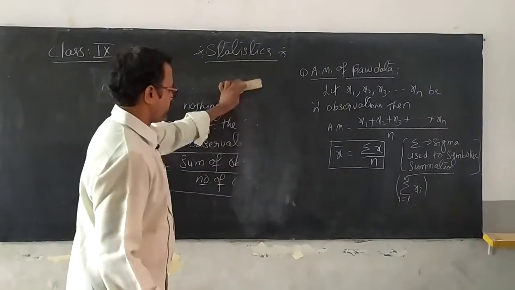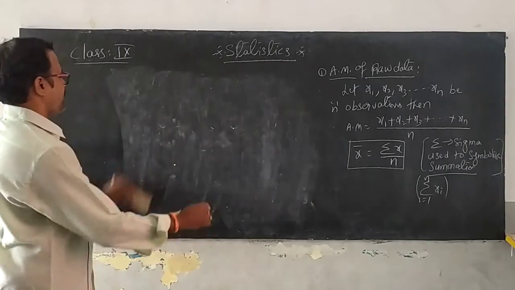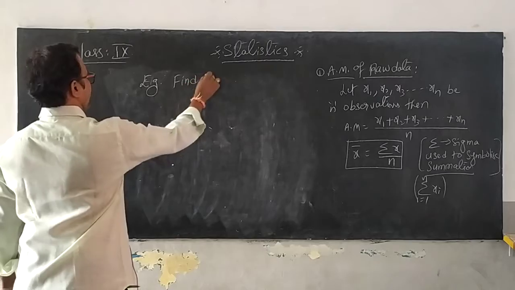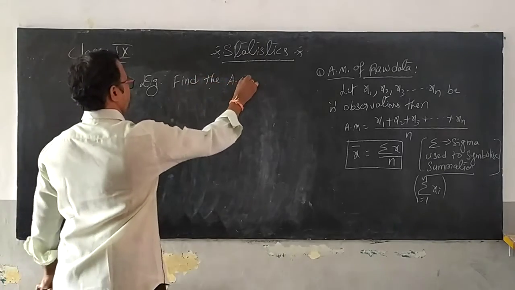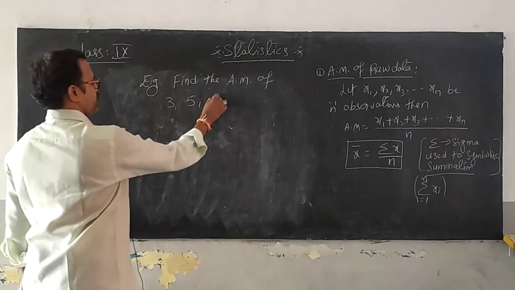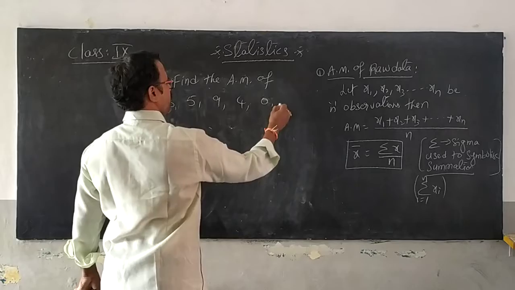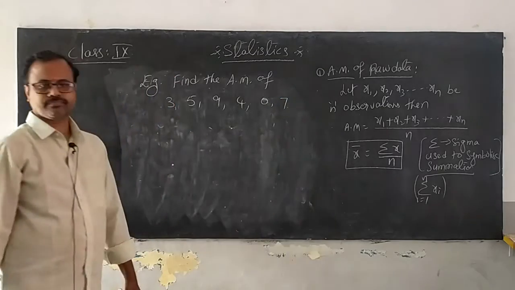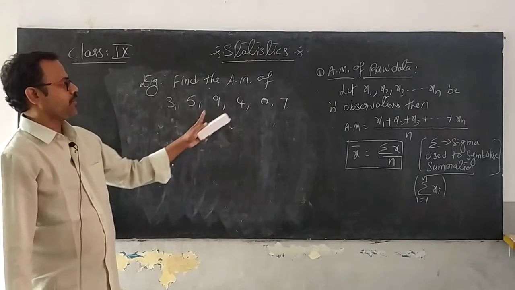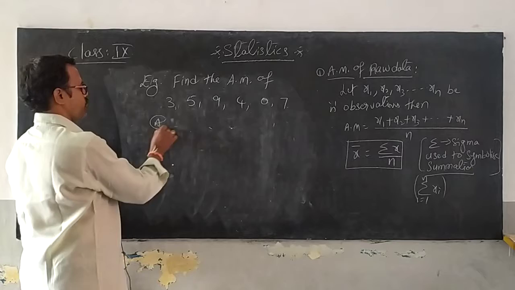Let's take an example. Find the arithmetic mean of 3, 5, 9, 4, 0 and 7. So come on, tell me the answer. How do you write this one?